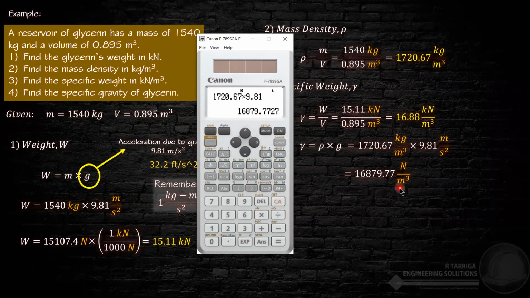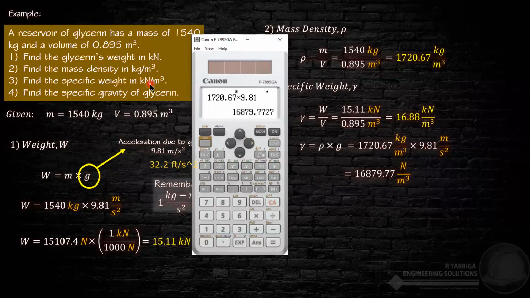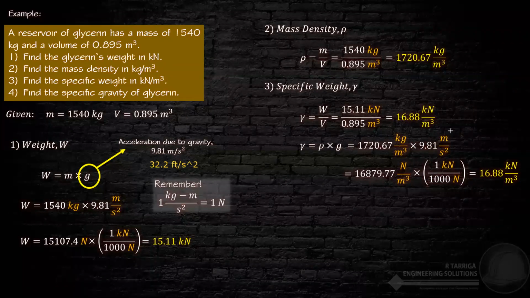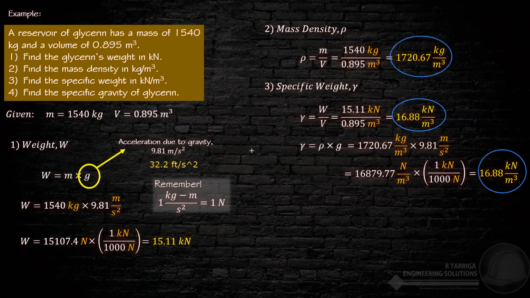We are not done yet because what is asked is in kilonewton per cubic meter. So we convert Newton into kilonewton using the conversion factor 1 kilonewton divided by 1,000 Newton. That simplifies to 16.88. As you can see, they are equal. Let me encircle all of the answers.